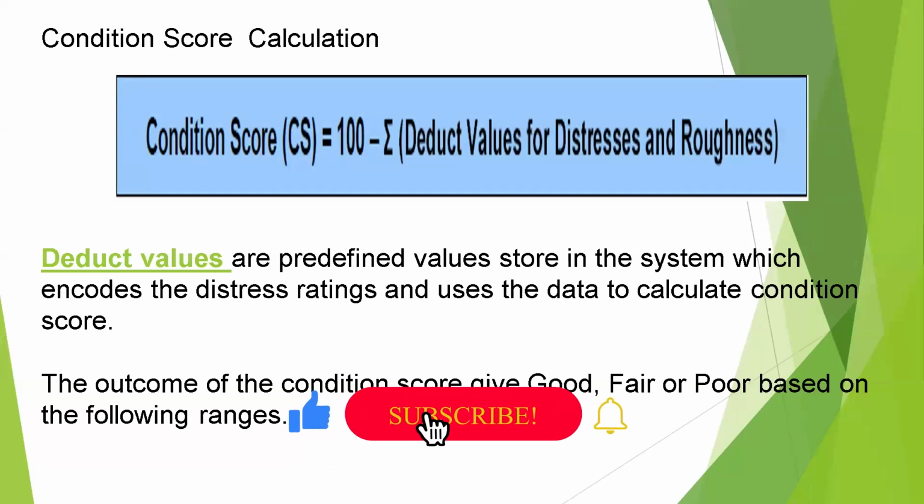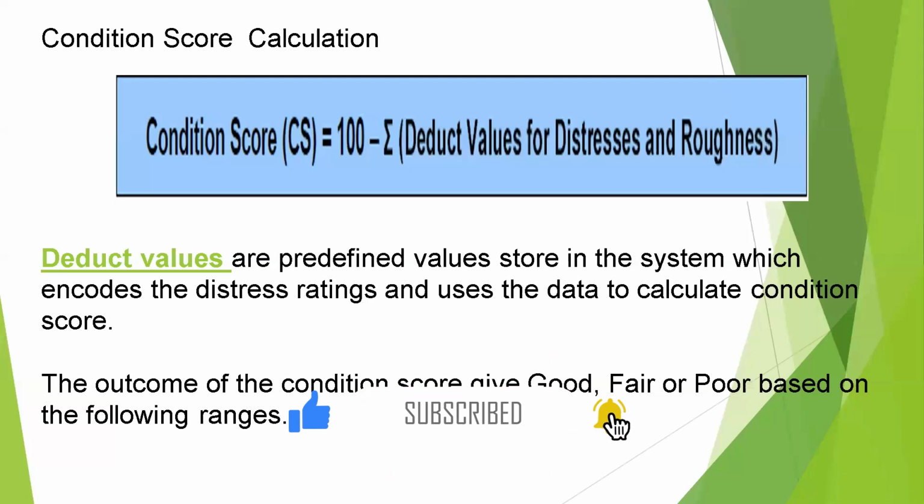Whatever value you pick for the 9-box matrix of 1 to 9, whatever you pick as your rating, the software picks what we call deduct values. These deduct values are picked and used to accumulate. You add them together, you subtract them from 100, and that becomes the condition score of the road.